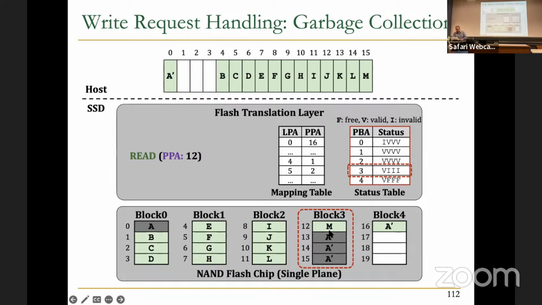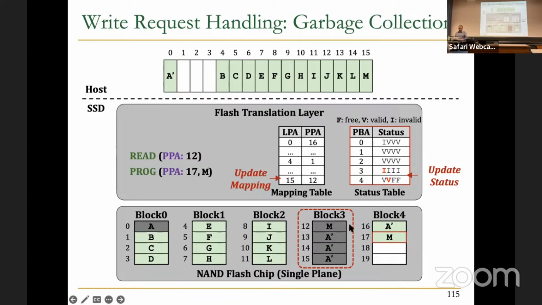Now you need to copy the valid pages that you have here. You have only one valid page, which is M. So you read physical page address 12, then you program it to one of the free pages that you still have. So you write M here. Then you need to update the status. Block 3 is now completely invalid, and block 4 now has 2 valid and 2 free pages.